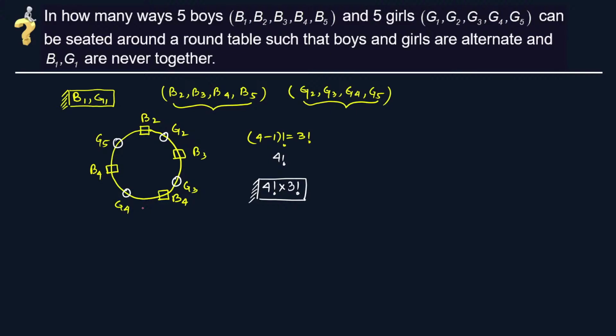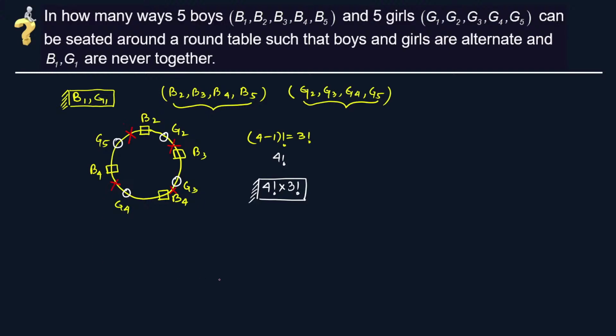That is boy, then girl, then boy, then girl, and this thing goes on. And at the same time, B1 and G1 are together. So I can place this if B1 and G1 are sitting in this way. So they can be placed either here, or here, or here, or here. Check it out.